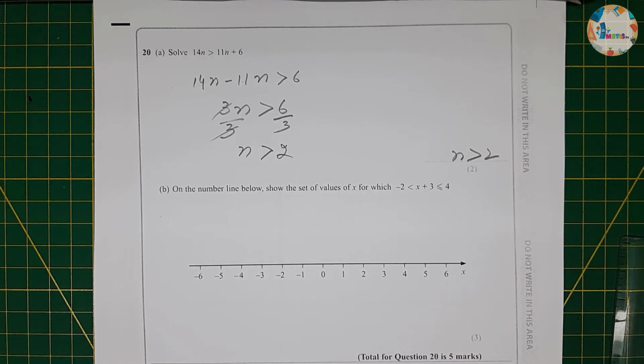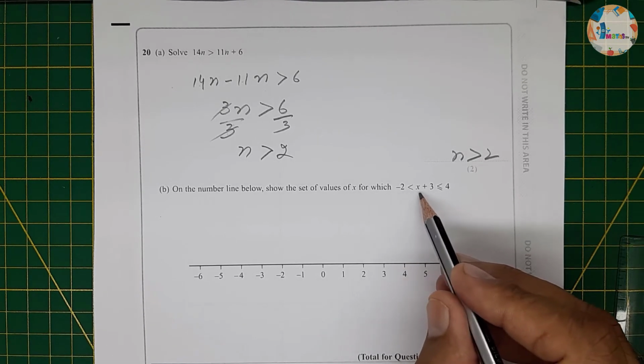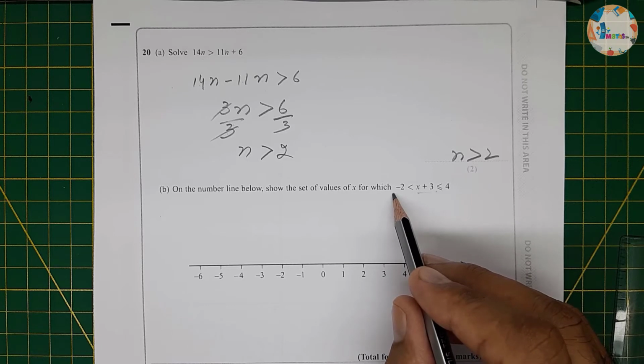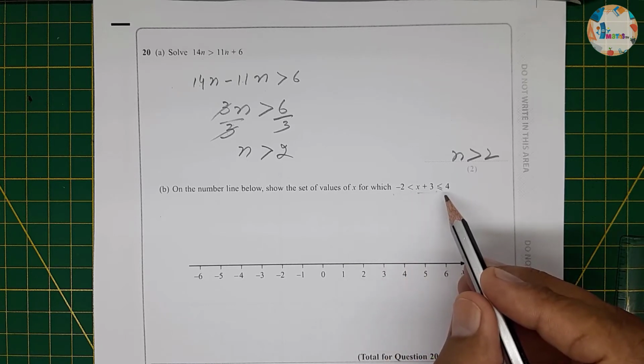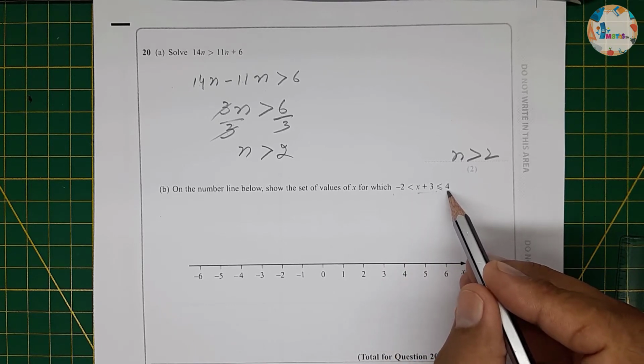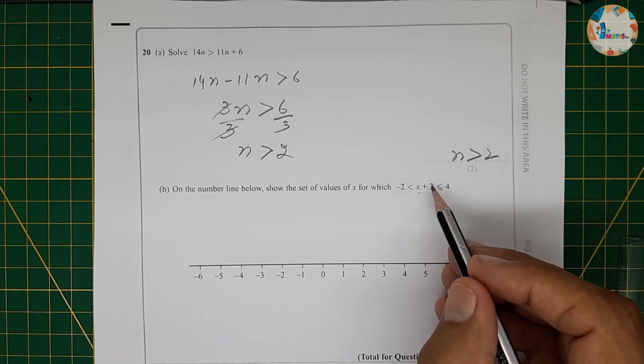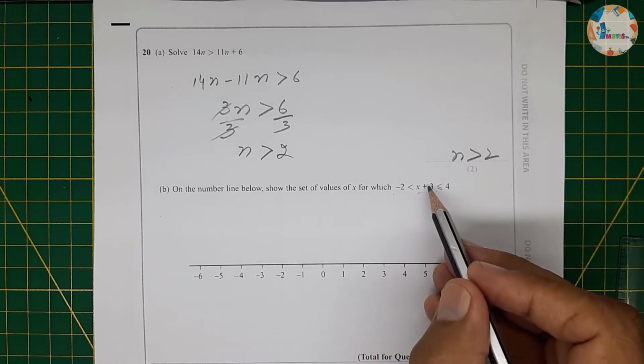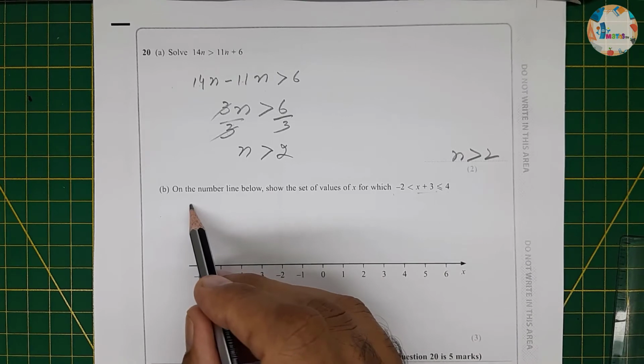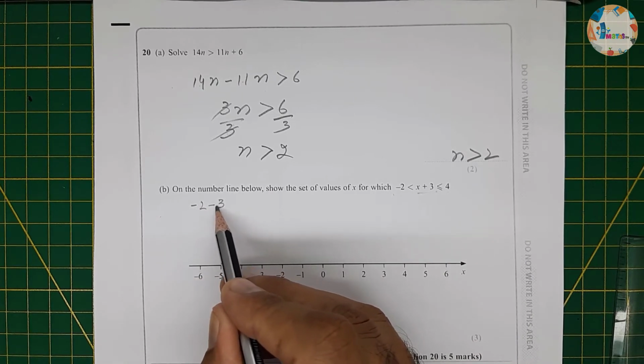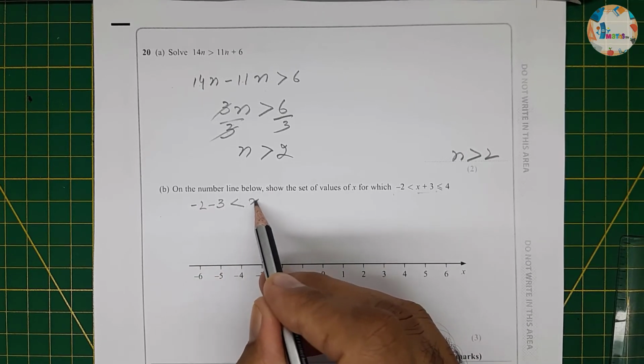Show the set of values of x for which x plus 3 is greater than minus 2 and less than or equal to 4. So we can solve this: 3 we can shift to this side, so -2 minus 3 is less than x.